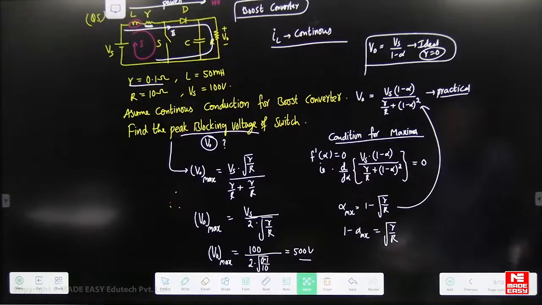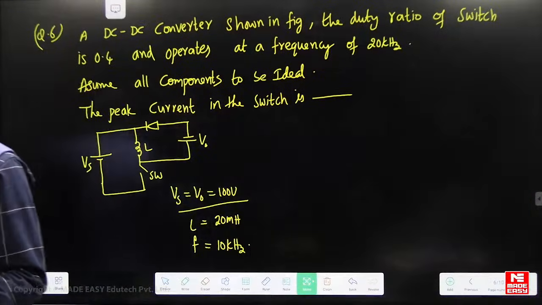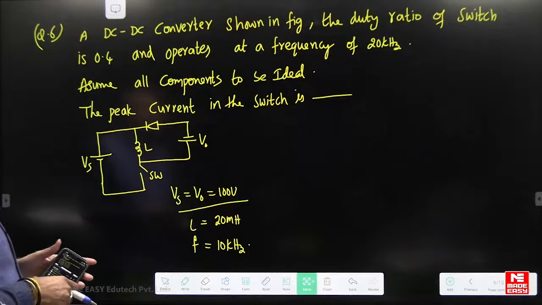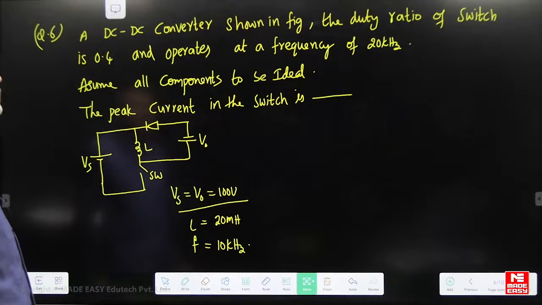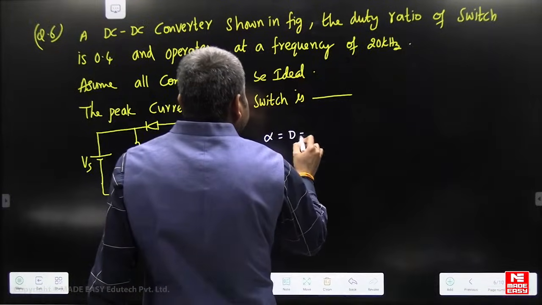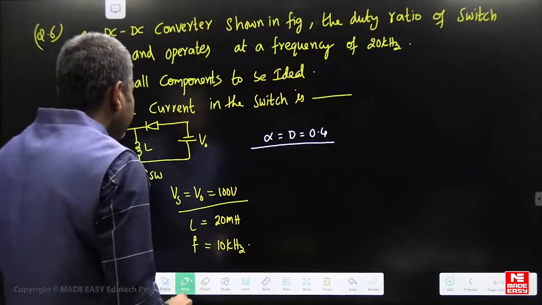Okay, next question, students. Try the next question, all of you. Question number 6. A DC to DC converter is shown in the figure. The duty ratio of the switch is 0.4, so alpha, the duty ratio of the switch, is 0.4, and it operates at a frequency of 20 kilohertz.